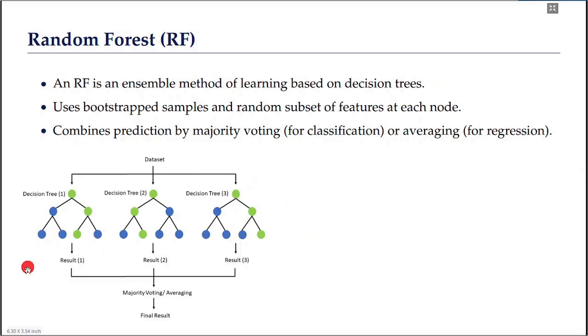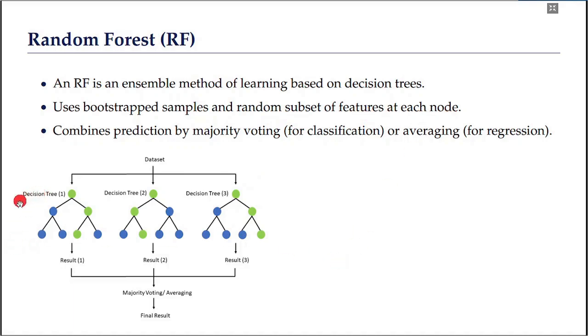Then here, for example, let's consider this random forest. Here we have decision tree 1, decision tree 2, and decision tree 3. The number of features and the number of observations in each decision tree may be different because it uses bootstrap samples or observations and a random subset of features at each node.